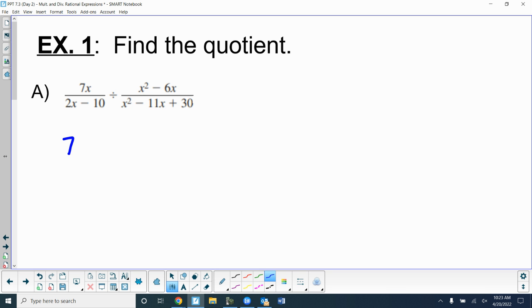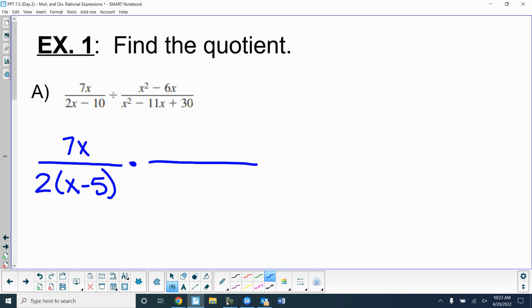So this would be 7x, can't factor that, 2 is the common factor, times, now I'm looking at factors of this bottom and I'm putting it up top. Negative 6 times negative 5 is the positive 30, but negative 6 plus negative 5 is negative 11.